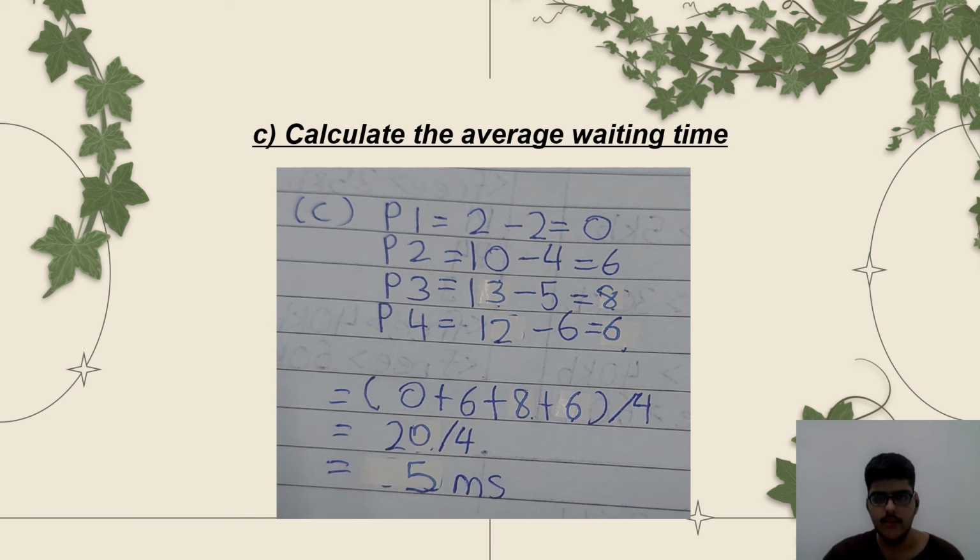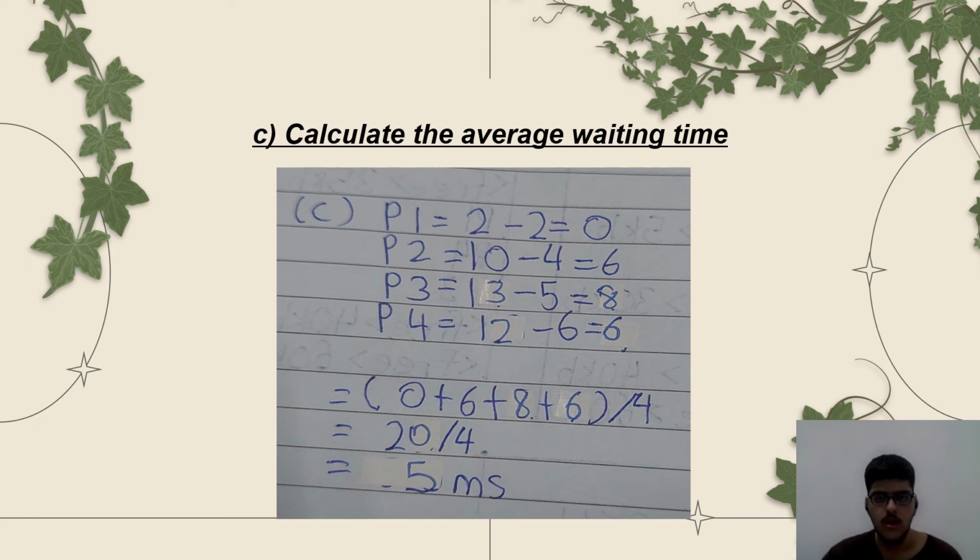This is the average waiting time. You need to calculate the average waiting time for P1, P2, P3, P4. Waiting time is turnaround time minus burst time. P1, 2 minus 2 equals 0. P2, 10 minus 4 equals 6. P3, 13 minus 5 equals 8.